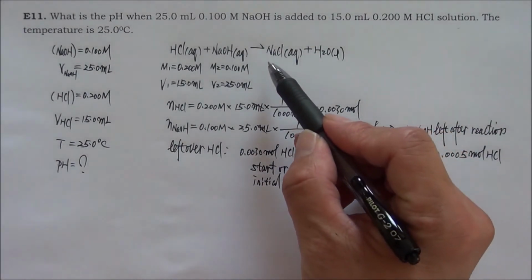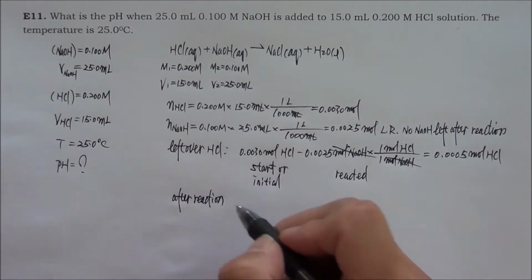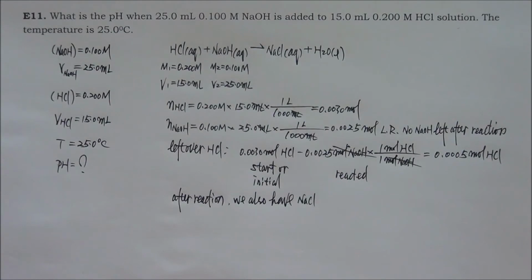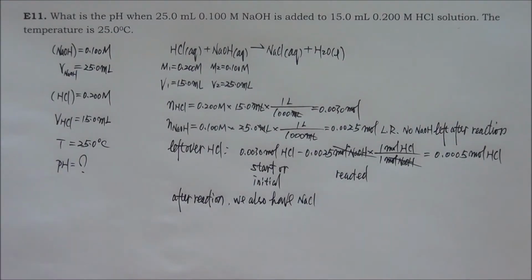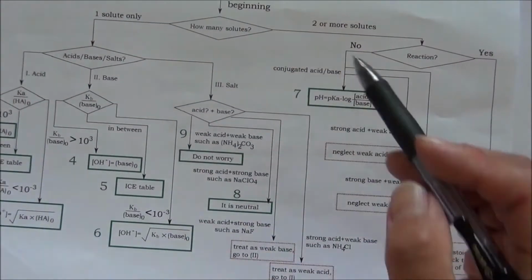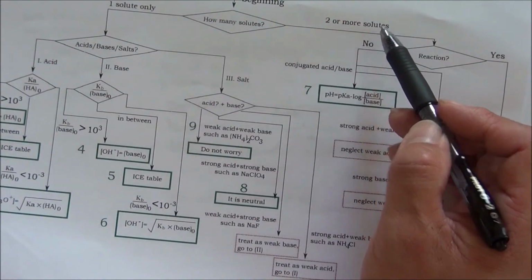After the reaction, we should produce some sodium chloride. Therefore, we should have 1 and 2 solutes after the reaction. Let's go back to the flowchart. We should follow this branch because we have 2 solutes.